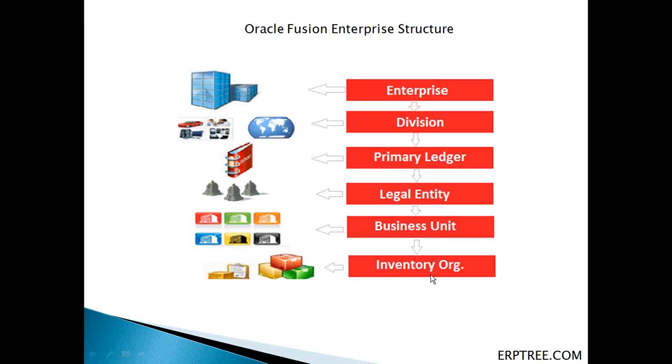Under business units we'll have an inventory organization, in EBS or Fusion. This all will remain, but only in the place of the business group in EBS, here there is no business group concept. Here we have enterprise, and under enterprise you can have the equivalent of the business group concept. You can have a number of definitions as a part of the HCM solution, which we call LDGs, legislative data groups. I'll take you through that because we have to define that to create the users in the Fusion application.